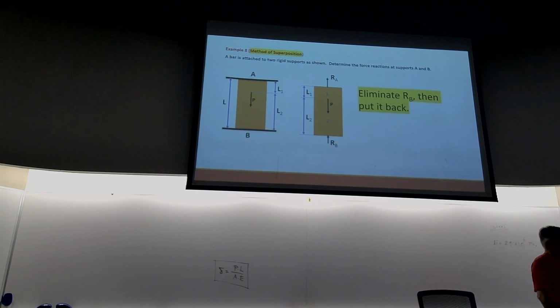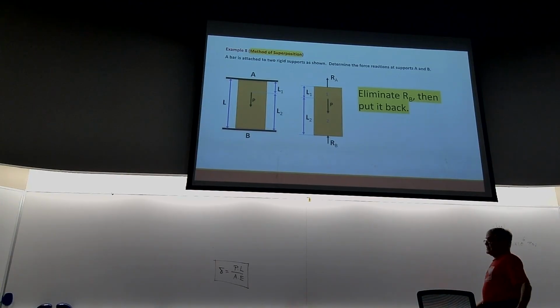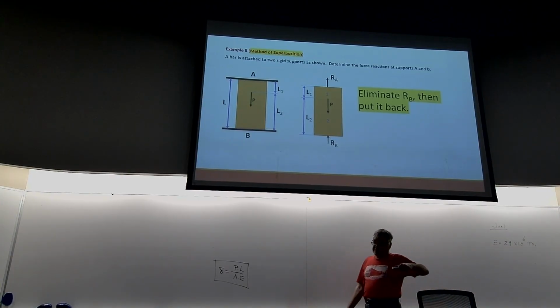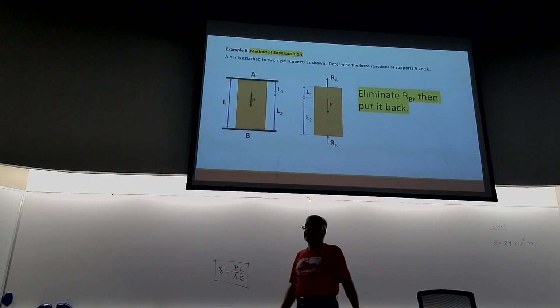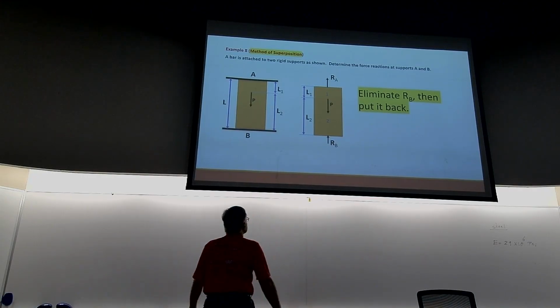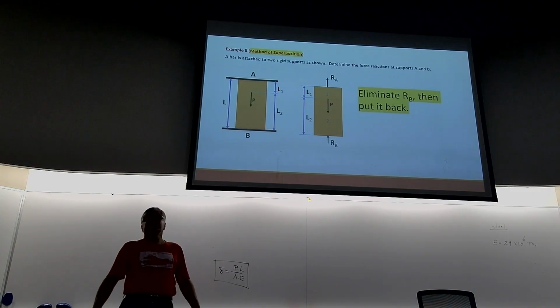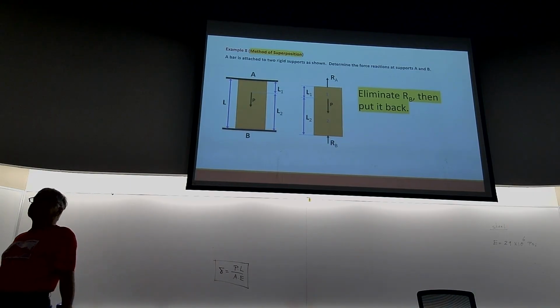This problem might appear to be a little complicated, even though it really isn't, because we have too many forces. There is RA, there is RB, and there is P. So what we're going to do is eliminate one of the forces.